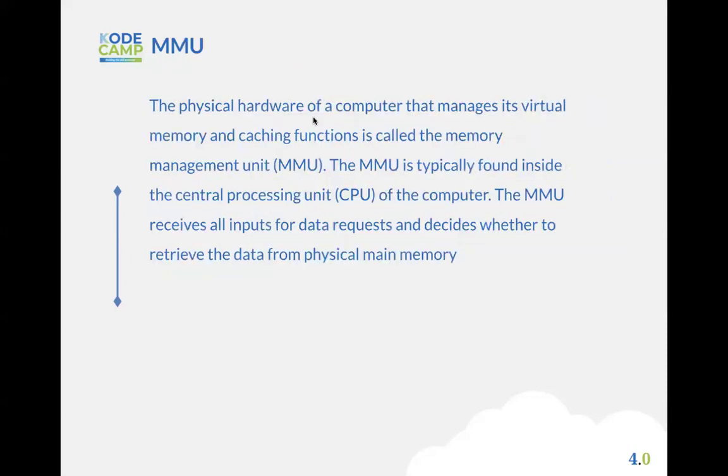So what is the MMU? The MMU is the memory management unit, which helps in managing the translation of the logical address to the physical address for the main memory. It is usually found inside the CPU, or if there's a secondary processor, it can be found there as well. But it's inside the processor, and it helps with translating from the logical memory to the physical memory.